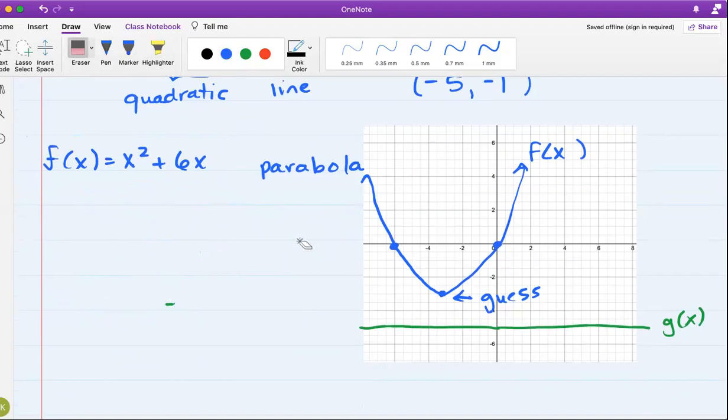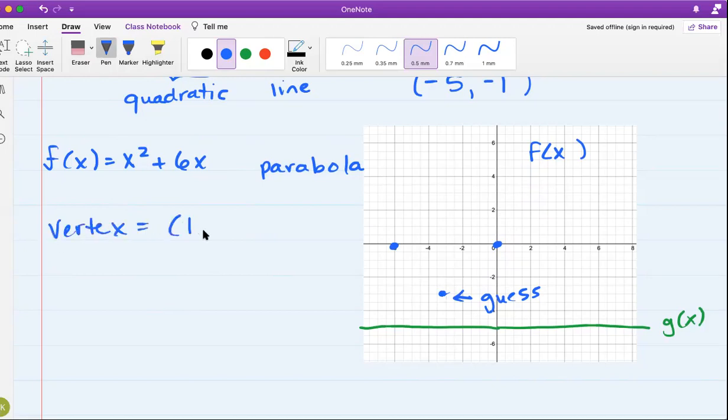So let's find the vertex. We did find these two intercepts, which is good, but let's see if our guess for the vertex is right. I just put a guess somewhere right here, but let's find the vertex. So the vertex is (h, k), and h is -b over 2a, and k is the function evaluated at -b over 2a.